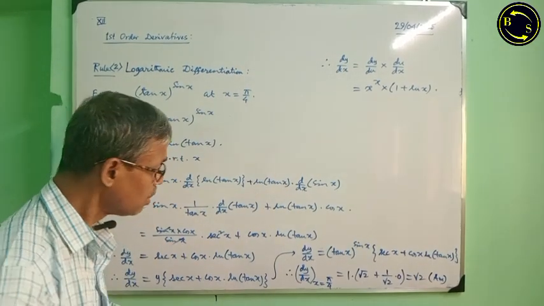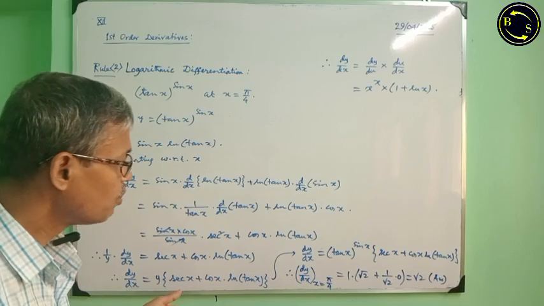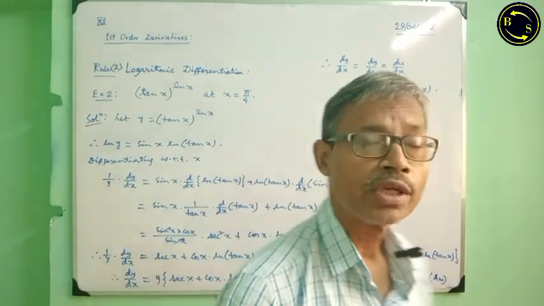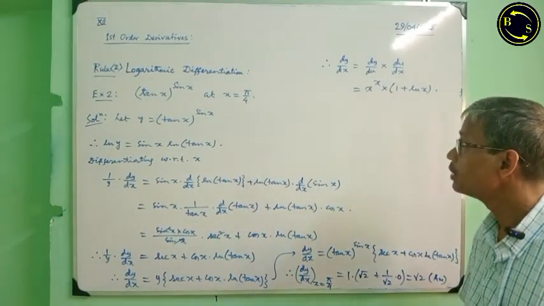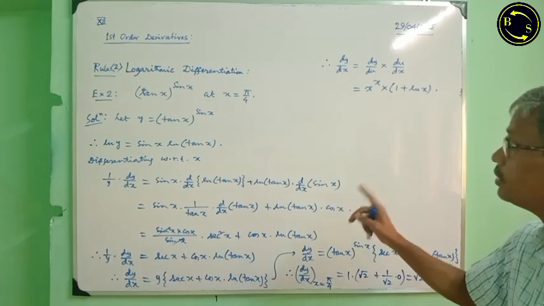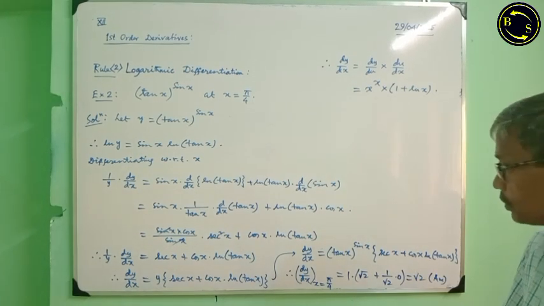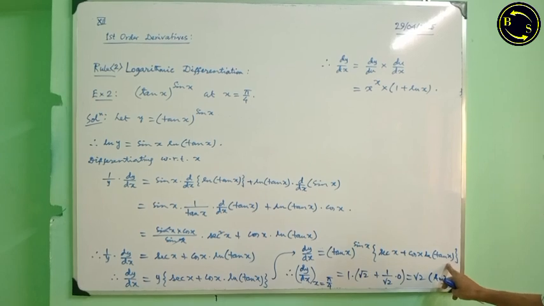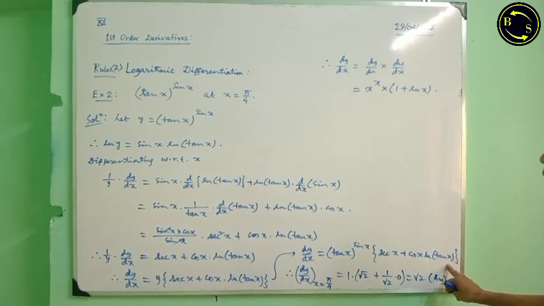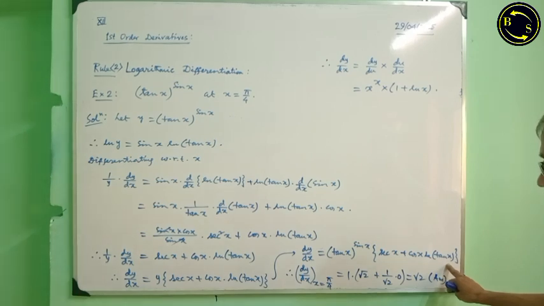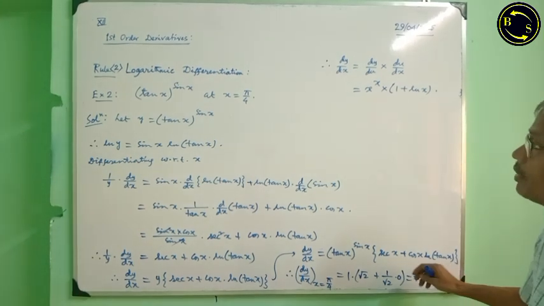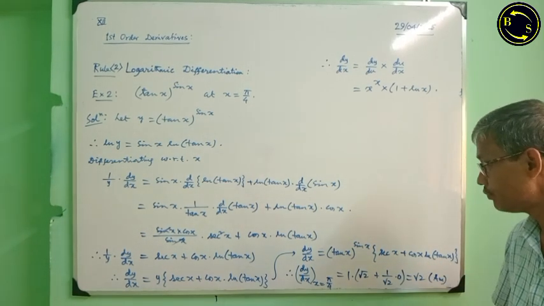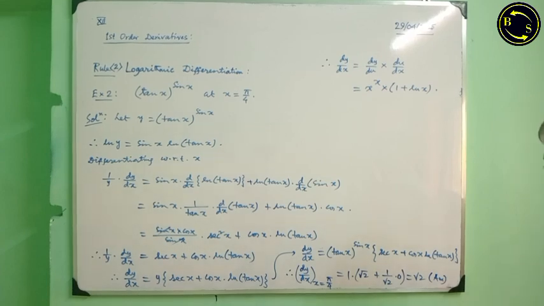I want to mention here, students, while you are working out this one, first you have to calculate dy/dx correctly up to this. Then marks will be awarded for that part.